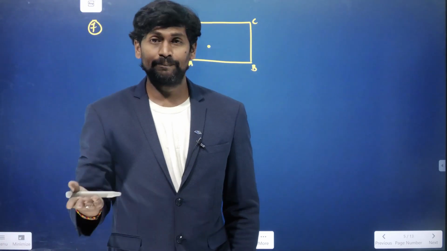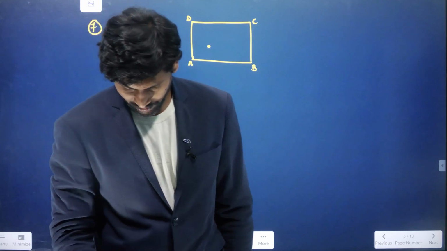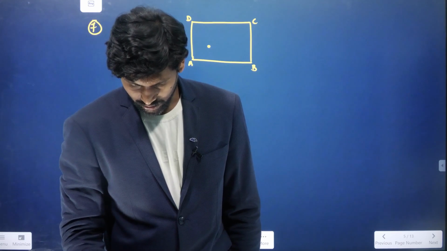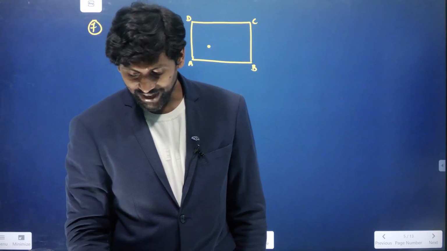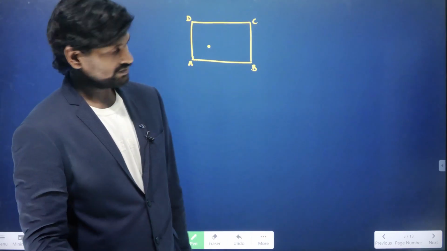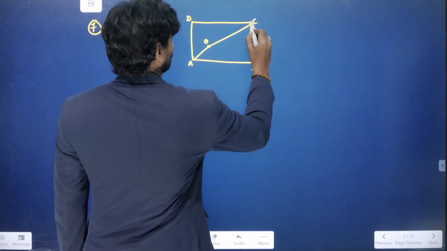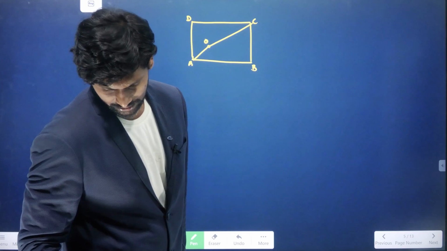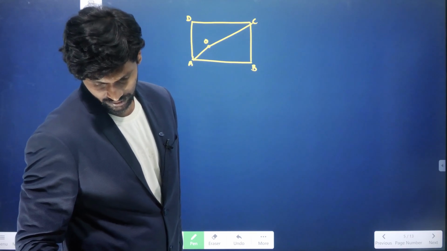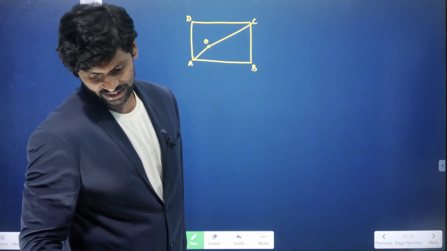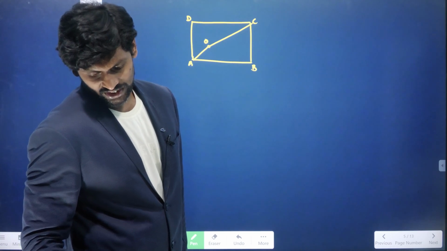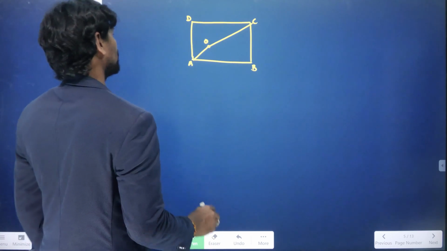It can be any place in the interior. Now, OA value is 3 centimeters, OC value is 4 centimeters. Then we need OB square plus OD square.